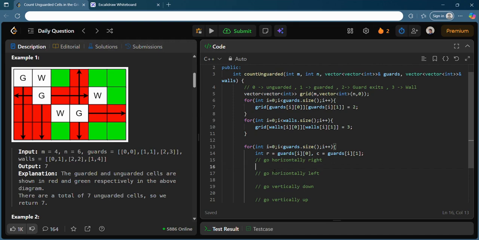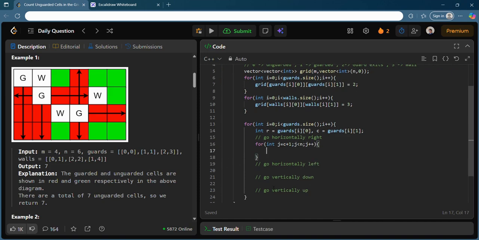So what do I want to do? Basically I will write an iterator j. Since my column is iterating rightwards, I will start from c plus 1 and end till n, with j less than n, and I will go for j plus plus.